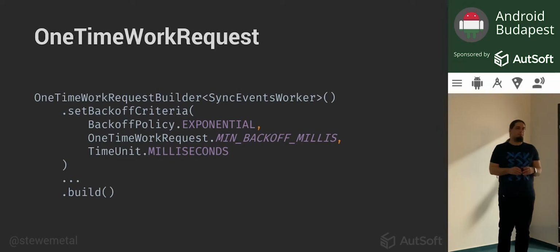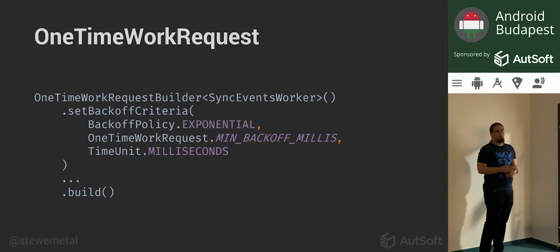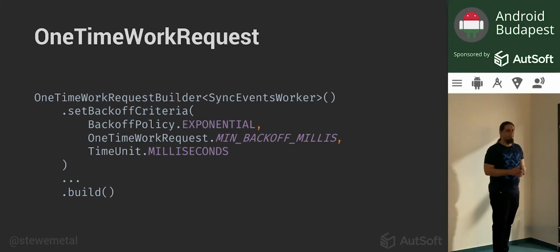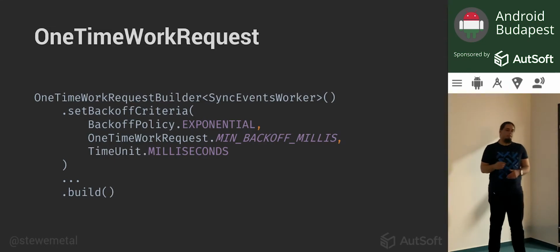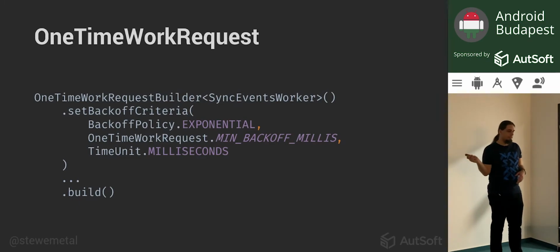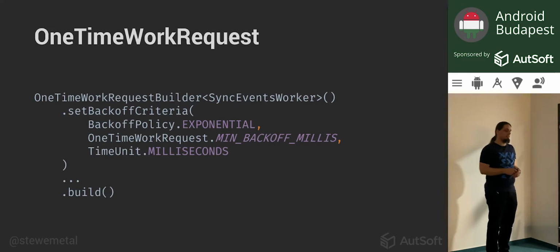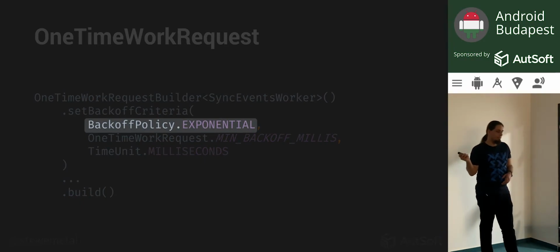The backoff mechanism basically kicks in when a work fails due to some constraints not being met after it has already begun running. And if that happens, WorkManager has this algorithm, which is configurable, and reschedules the work according to this logic.